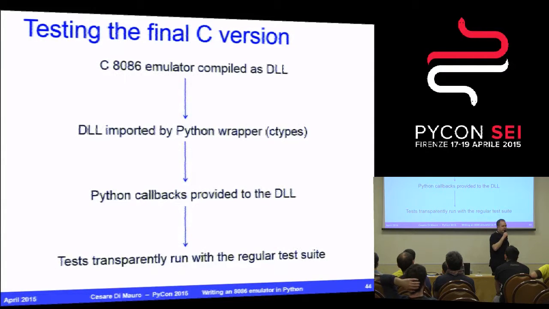How can I test the final C version? When I do the C version of the emulator, basically I will create a DLL. Then I create a Python wrapper for the DLL. So I import the DLL with the usual ctypes, and I also set the proper callbacks for that DLL. Then I can just run the test suite transparently, like any regular Python application.